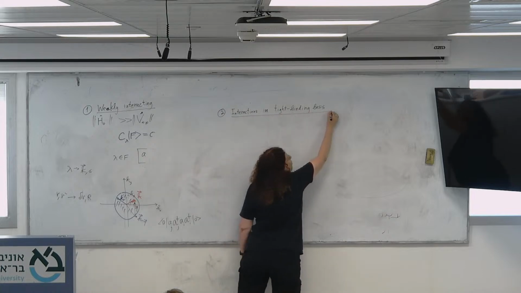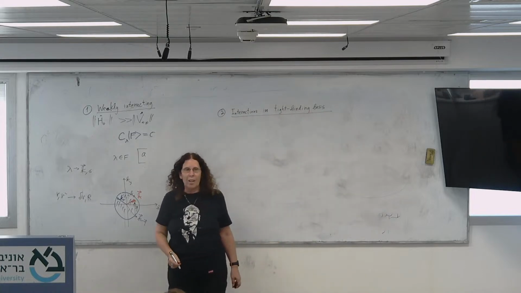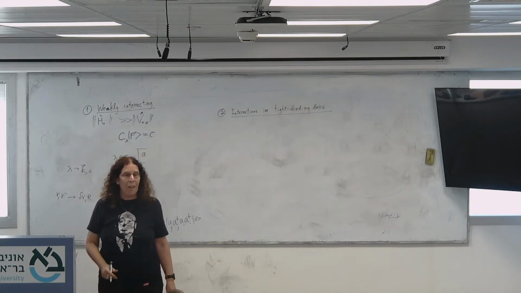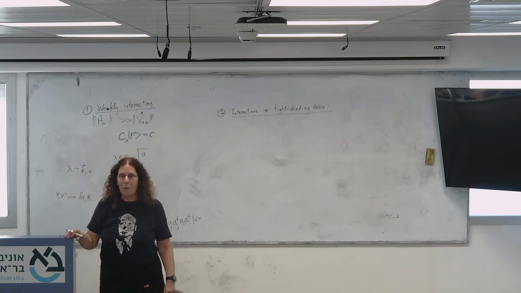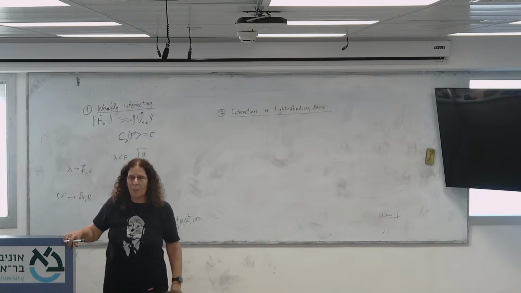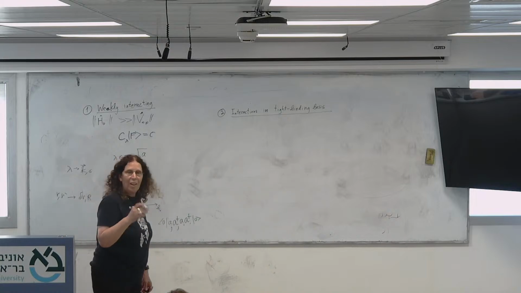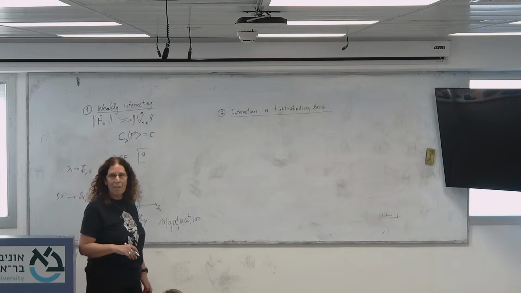Let me just verify: all of you took solid state, right? In undergraduate, you know the tight binding approximation. If you don't, never mind, it's not crucial, but I can explain in one sentence what it is.